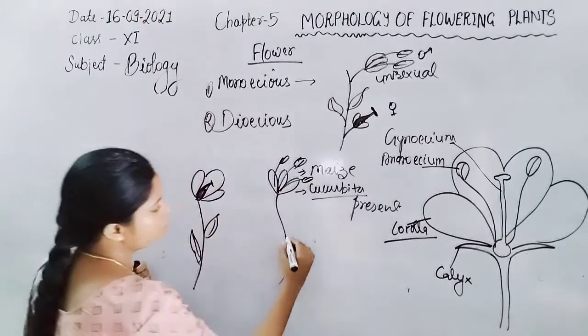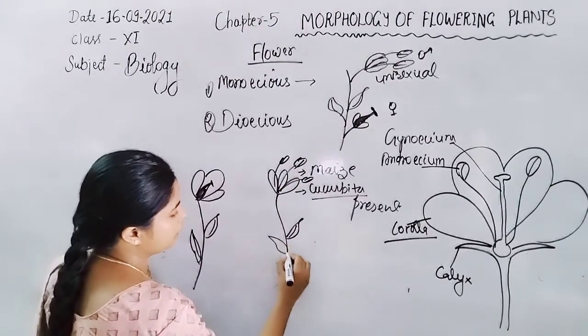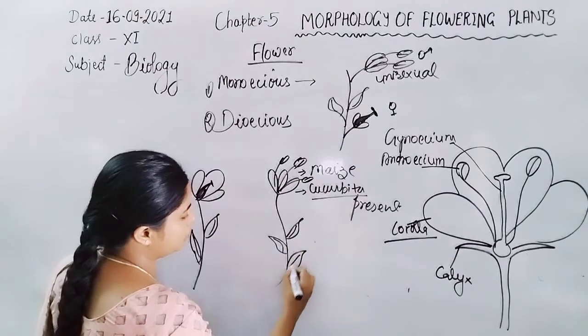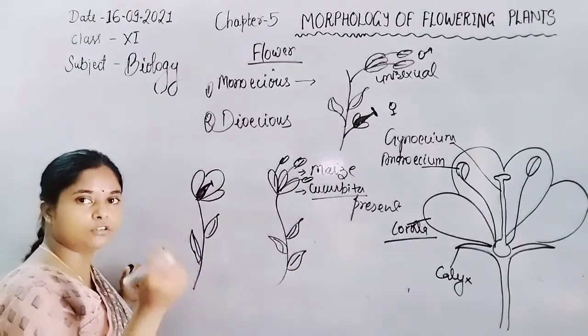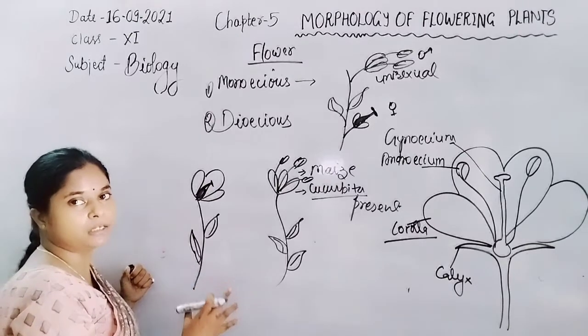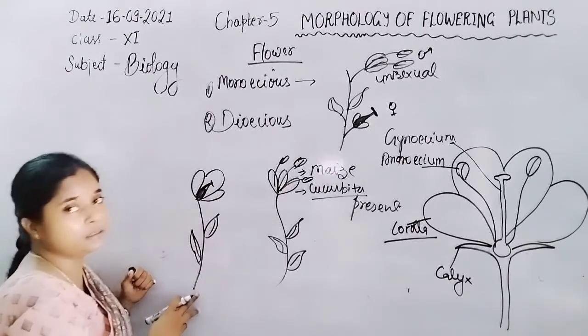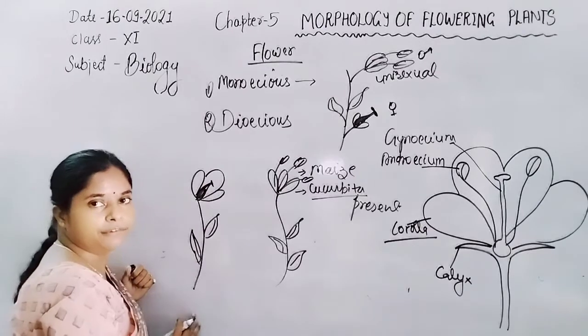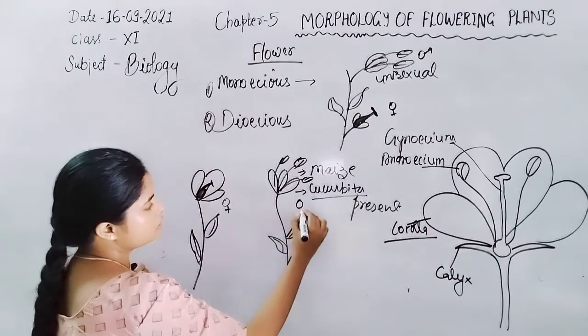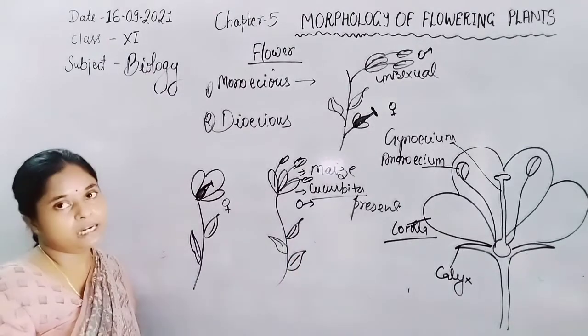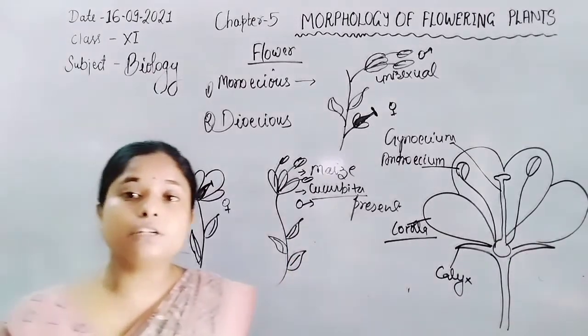On the basis of male and female plants, it can also be represented with the male and female flowers present on two different plants. So here is the female flower, here is the male flower.